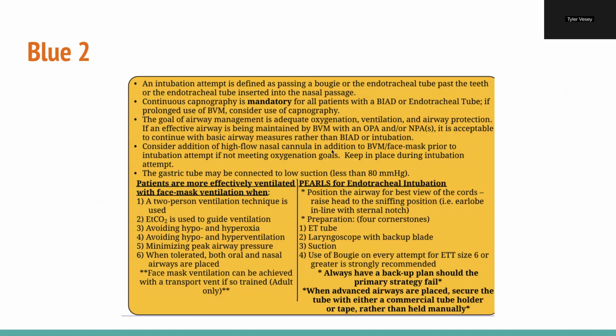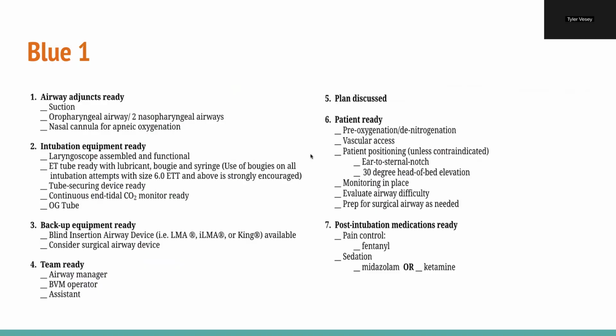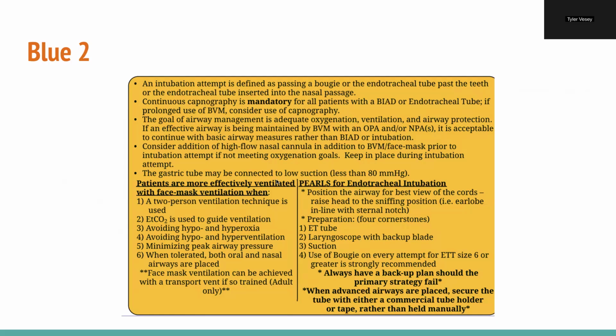Also something that we can do in a patient in cardiac arrest, but they make that pearl separate. This is really a lot more relevant in RSI patients. Gastric tube, we can connect it to low suction, has to be very low. Again, something that's very underutilized. And I think those are the big points of the pearls for this.